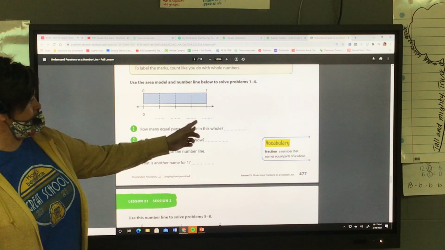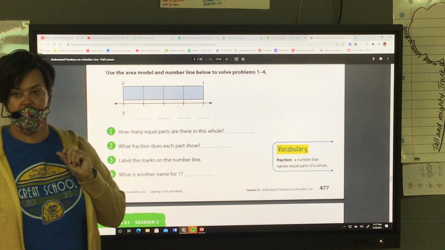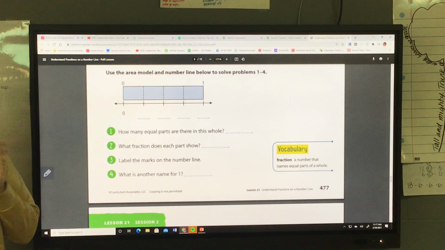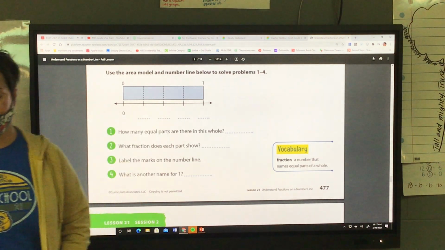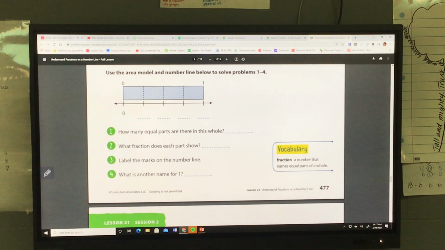So what are they going to have you do on these 4 lines? What do you think you're going to write? Finish writing the fractions, friends, to complete that number line.